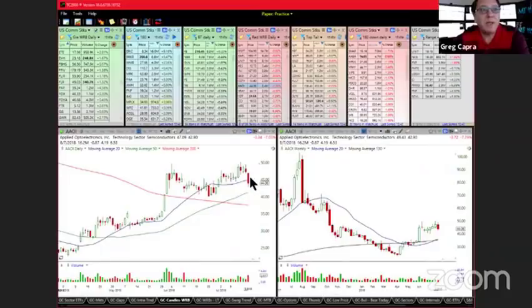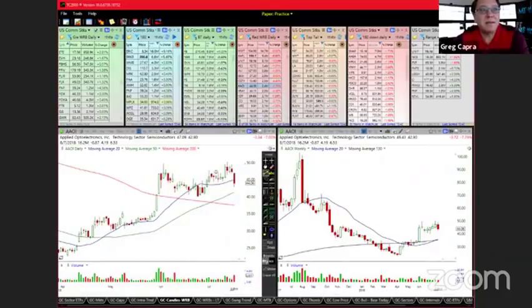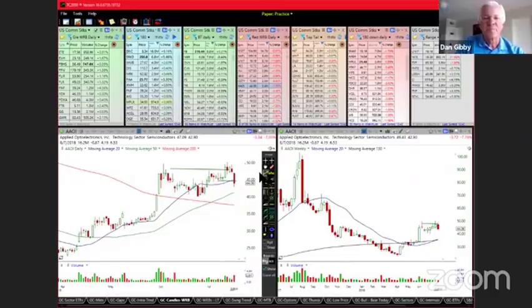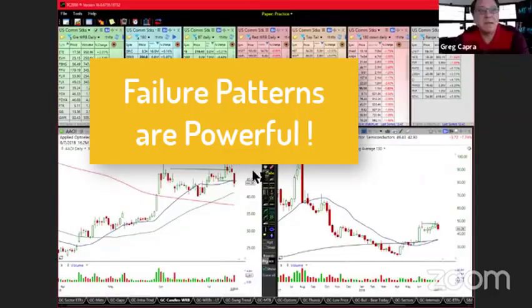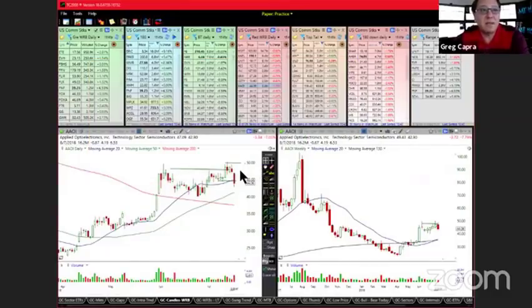But why would we like this? Because it broke out and it failed. It traded back below the breakout area. So we just ask ourselves, what's the likelihood of it going back above here? And then we see how many days to expiration, and is there opportunity there?